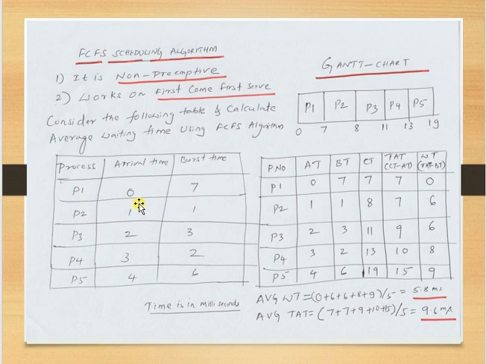P1's arrival time is 0, burst time is 7. P2 arrival time is 1 and burst time is 1. P3 arrival time is 2, burst time is 3. P4 arrival time is 3, burst time is 2. P5 arrival time is 4, burst time is 6.